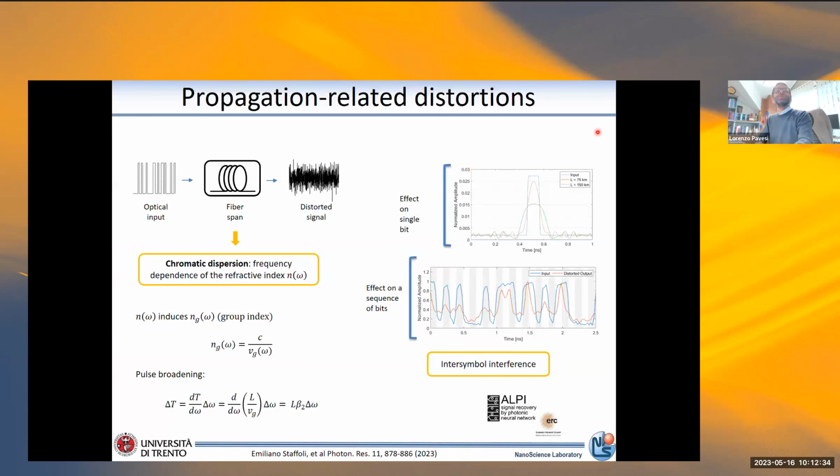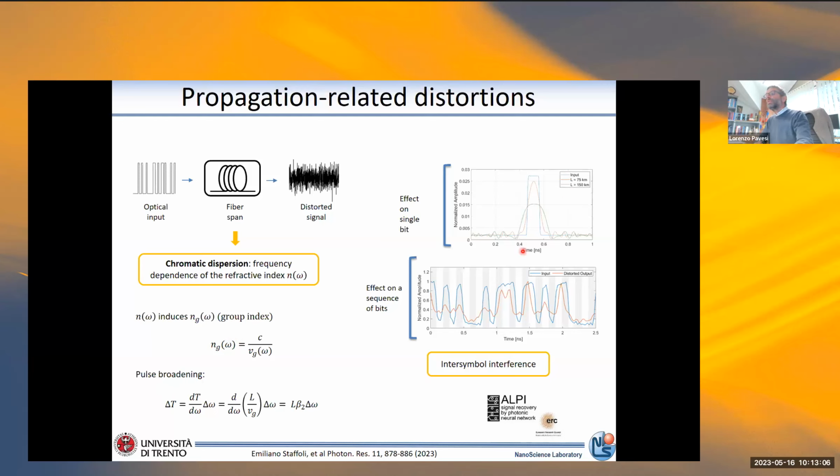The application is about the propagation-related distortion that an optical signal suffers due to chromatic dispersion when traveling along a fiber a few kilometers in length. Because of the chromatic dispersion of the optical fibers, we get pulse broadening.